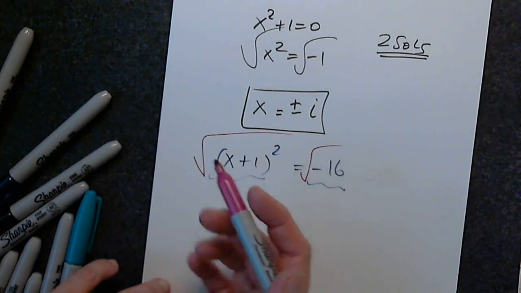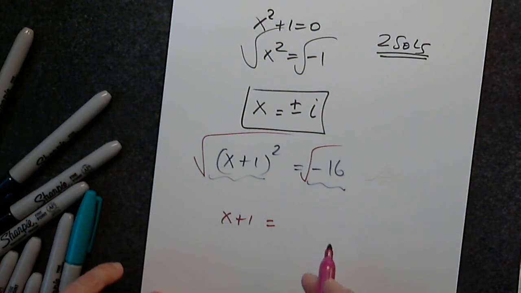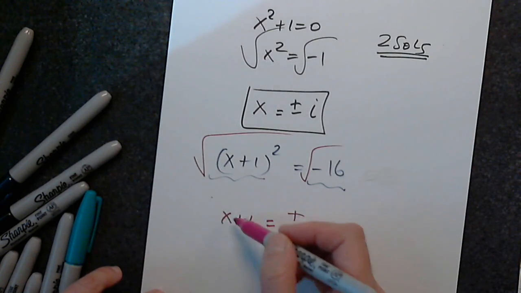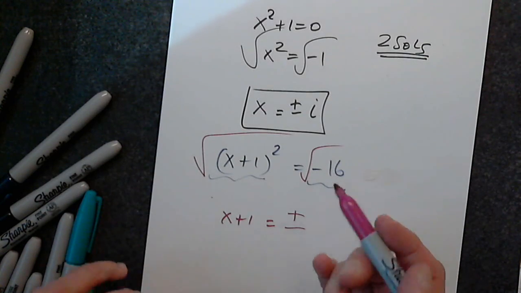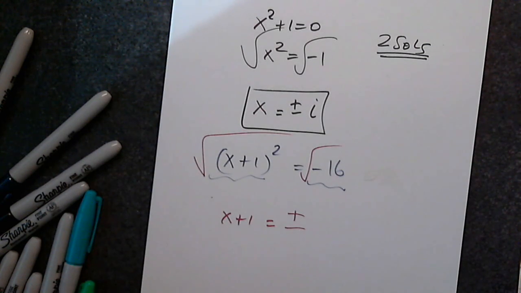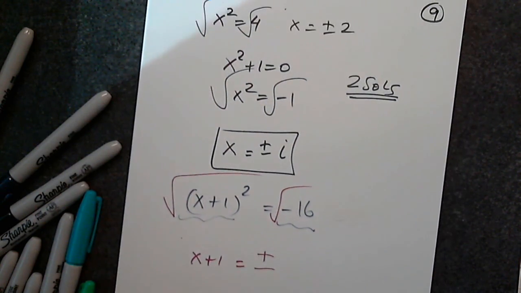What do we get on the left-hand side? Well, we get x plus 1. The right-hand side has to have plus or minus. It should come from here, the absolute value. But instead, we put plus or minus on the other side. How much is the square root of negative 16? No. Careful, no. It's not a real number.